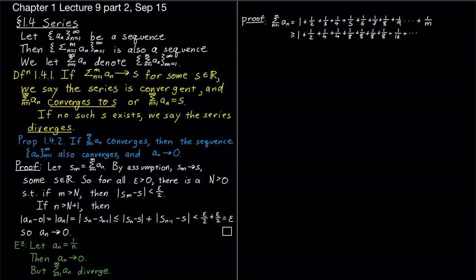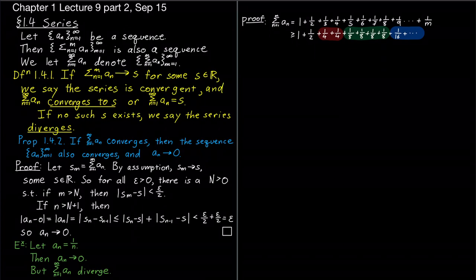And then we notice that if we group these two, we get a half. If we group these four, we get a half. If we group these 8, we get a half, and so on.